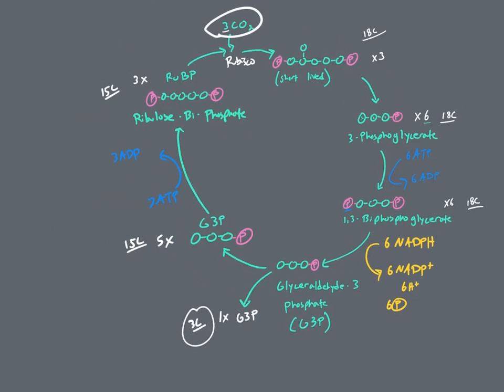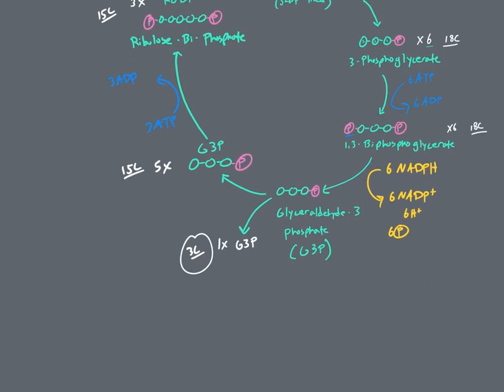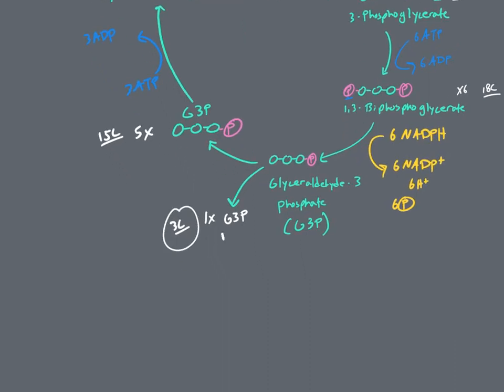Have we made a sugar yet? No. G3P, go down back to where that's released. This is 1/2 of glucose, or a 6-carbon sugar. It's only 1/2 of it. So how many times does the Calvin cycle have to take place to make a full sugar? 2 times.